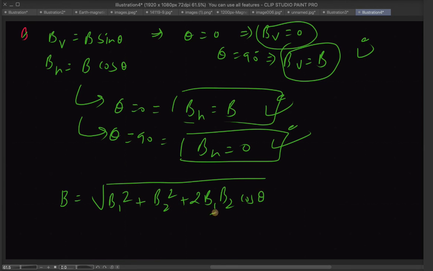Instead of 1 and 2 you can include the horizontal and vertical components. So this is the representation of Earth's magnetism and its components. You have to remember three things. The first is the horizontal and vertical components of the Earth. Apart from that, the angle of inclination or angle of dip, and third, the declination. So this is how it has been represented.